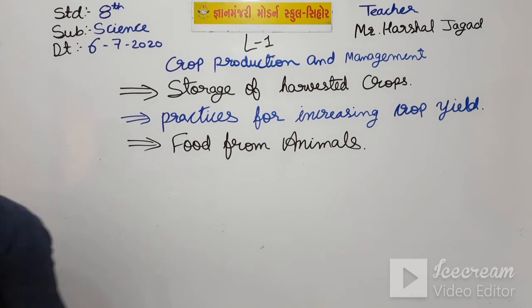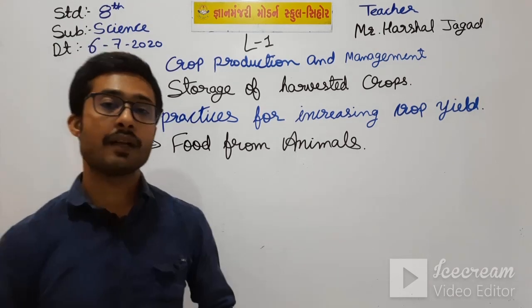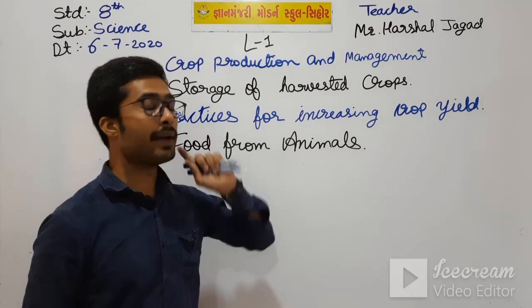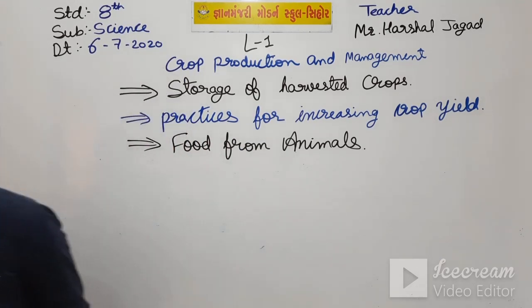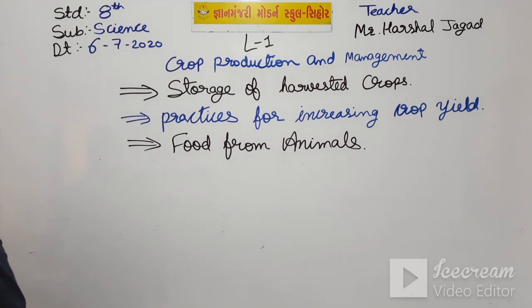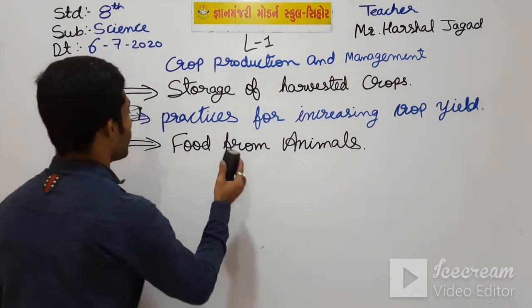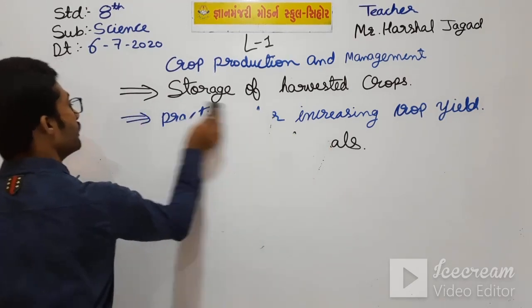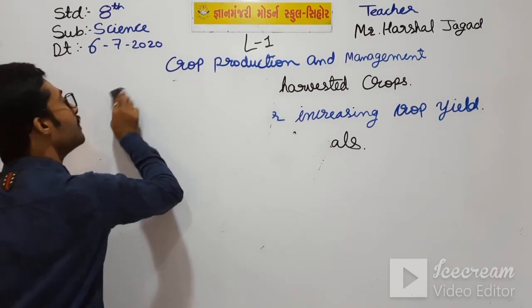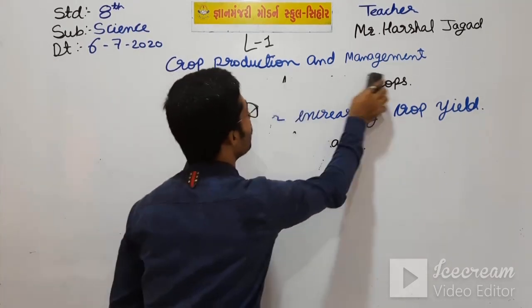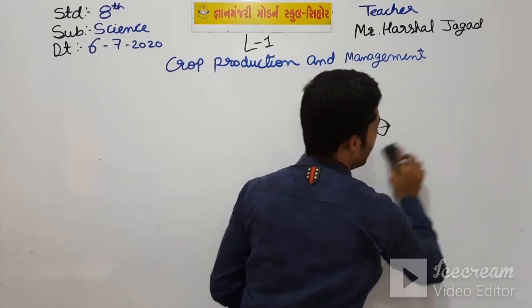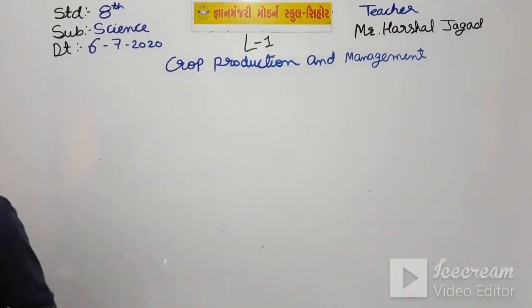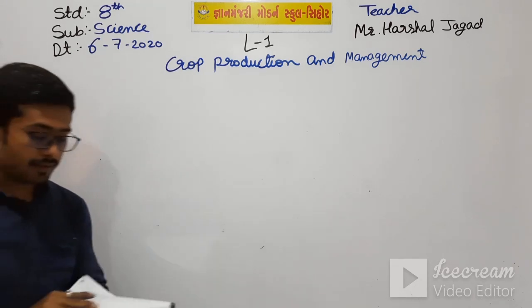So here our chapter number 1, crop production and management, is completed. In the homework, let me write here on the board.